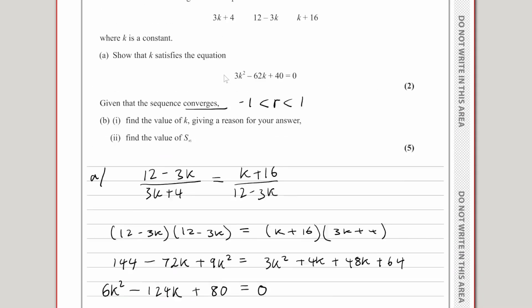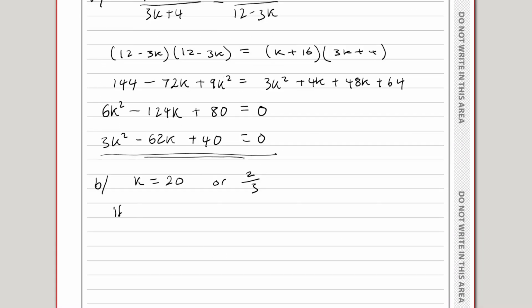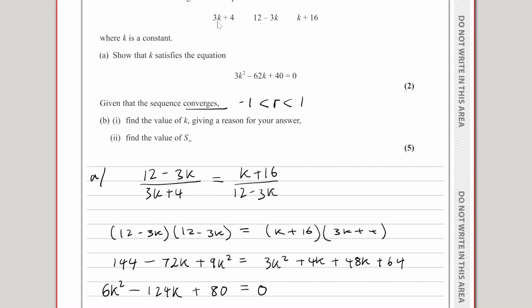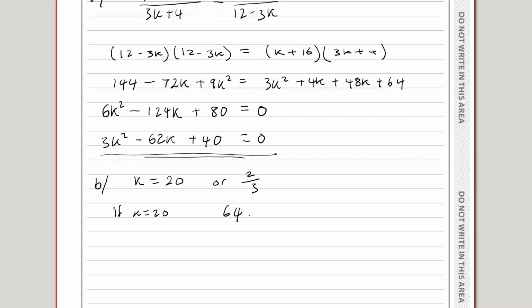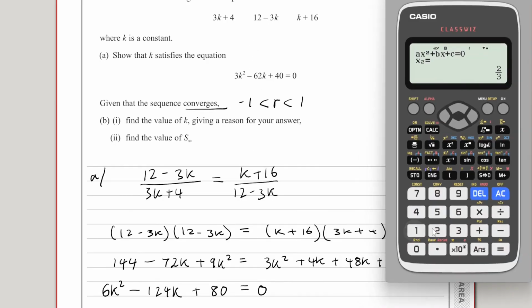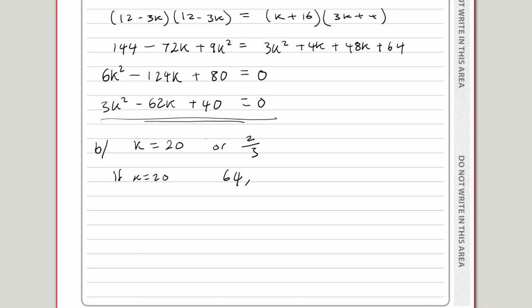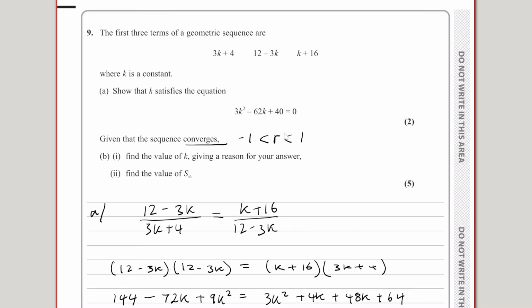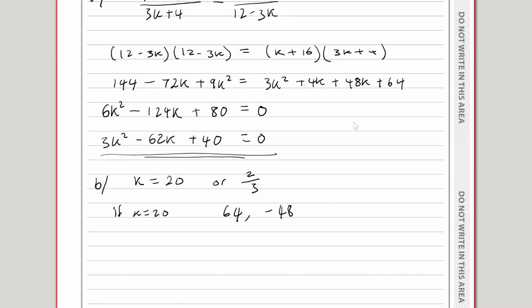If k is 20, the terms of the sequence will be 3 times 20 plus 4, so 64, then 12 minus 3 times 20, which is -48, and k plus 16, 36. So that looks like it's going to converge.